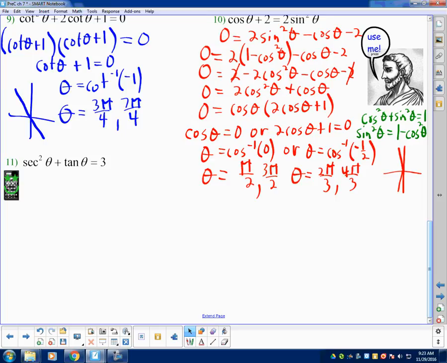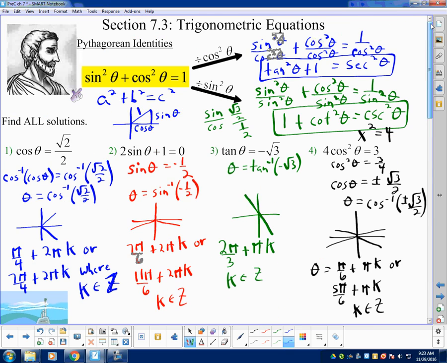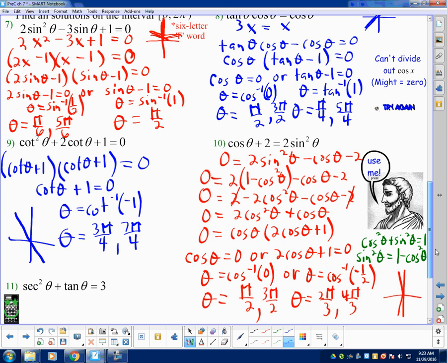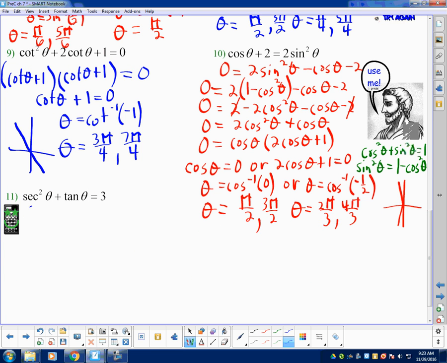I have a worksheet here, but I want to just show you this one right here, another one where we have a substitution for secant squared. If you go back to the top of your page, you have an identity that involves secant squared. All the way up here, secant squared is the same as tangent squared theta plus 1. So I can simply replace it.